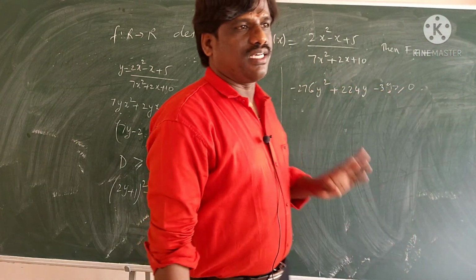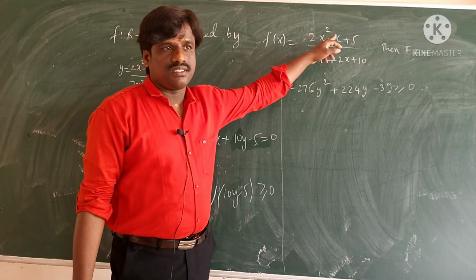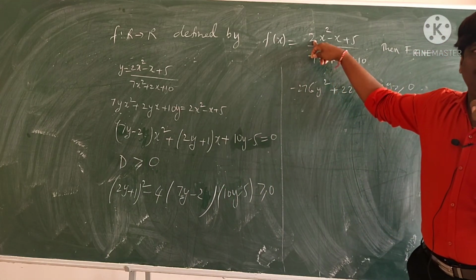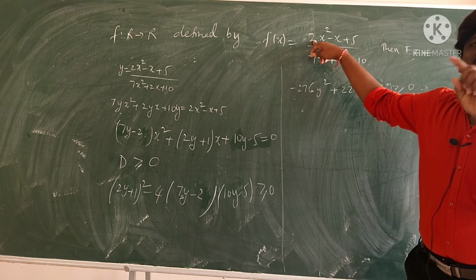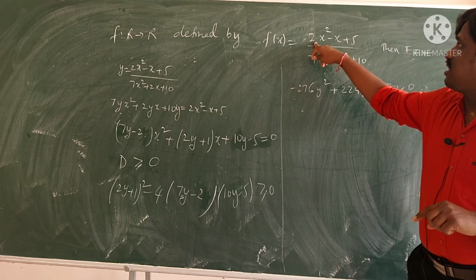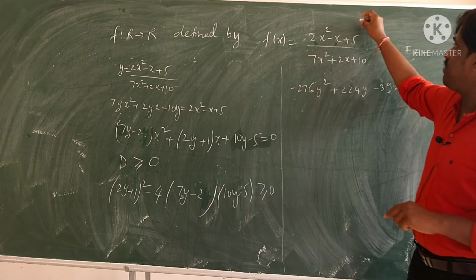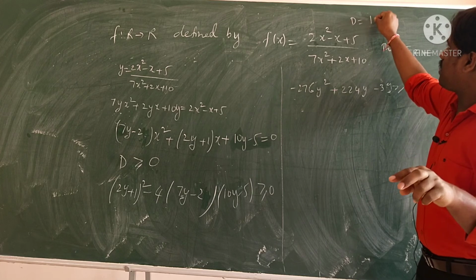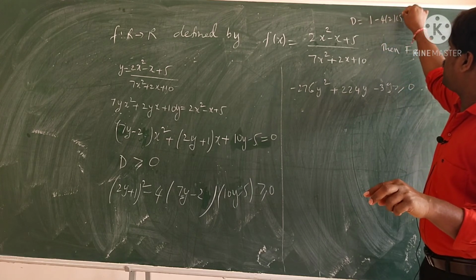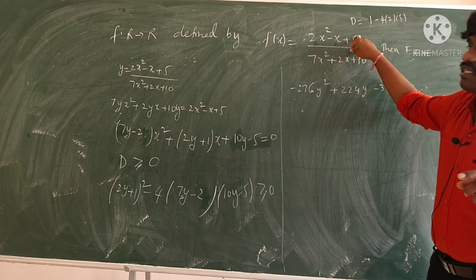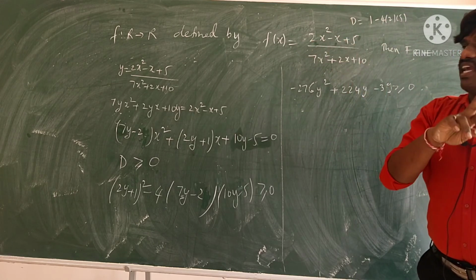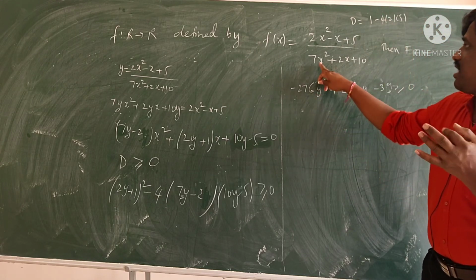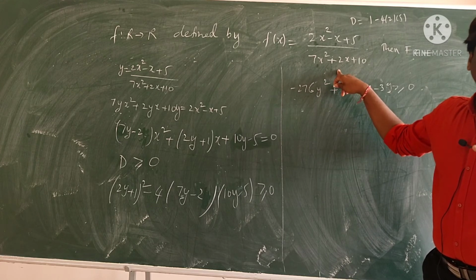The shortcut is simple. This is a quadratic with leading coefficient a greater than 0, so apply D less than 0. D is b square minus 4ac, less than 0. So the numerator is positive. For a greater than 0 and D less than 0, the denominator is also positive.